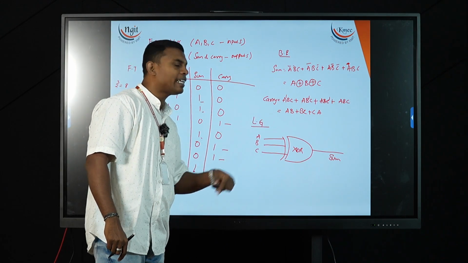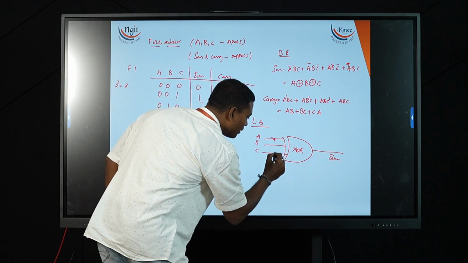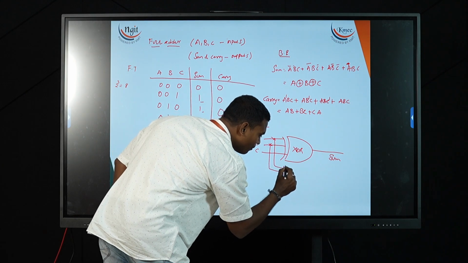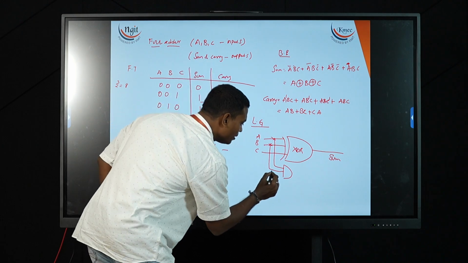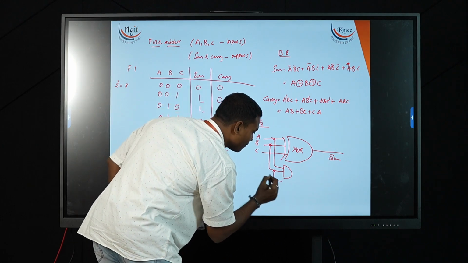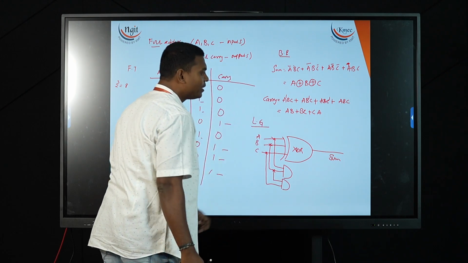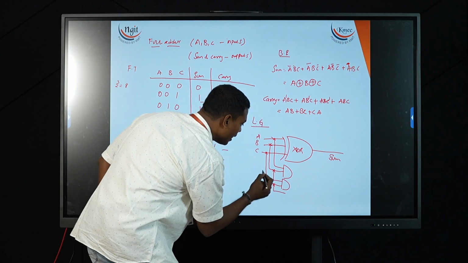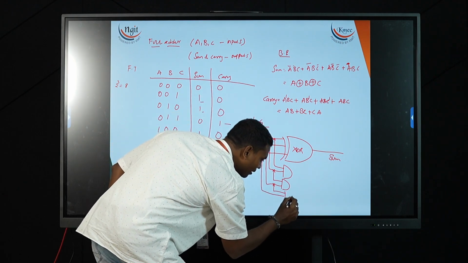Now I need to represent the carry value. Carry can be represented as follows: A and B into one AND gate. Next B and C into one more AND gate. The last one is C and A terminals, so I take one more line and draw an AND gate.